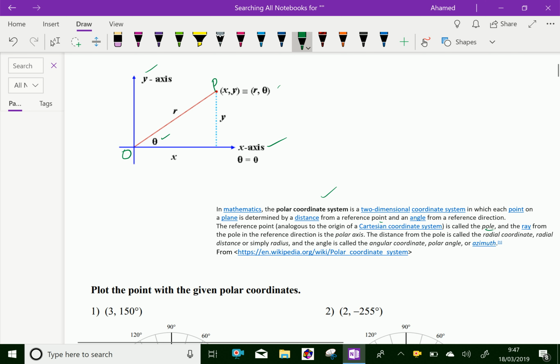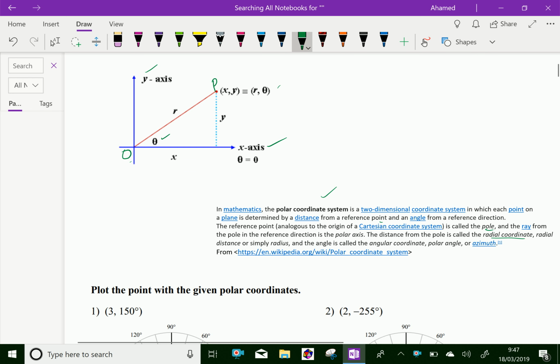That is, the point here, and the ray from the pole in the reference direction is the polar axis. Here OP is the polar axis and O is the pole. The distance from the pole is called the radial coordinate, radial distance, or simply radius. Here OP is the radius, and the angle is called the angular coordinate, that is, the polar angle.